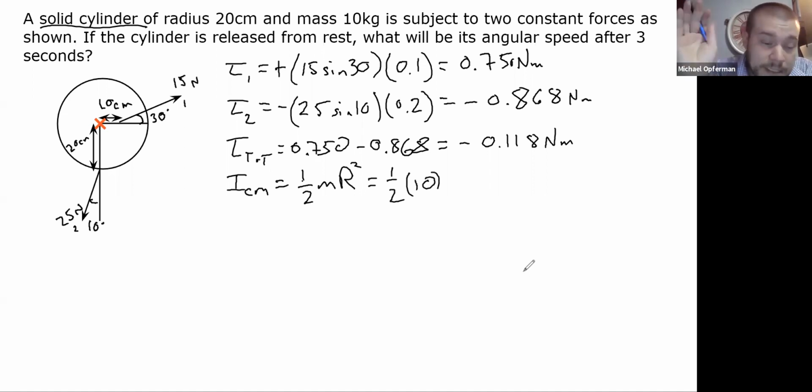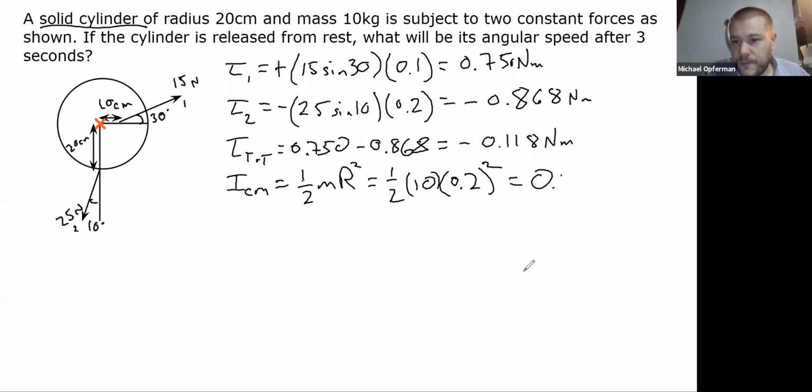R here is the radius of the cylinder. It has nothing to do with where the forces are being applied. So the radius of the cylinder is 0.2 meters squared. So we get 0.5 times 10 times 0.2 squared, and we get 0.2 kilogram meter squared as the moment of inertia.